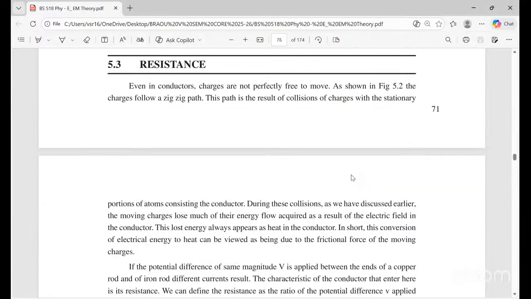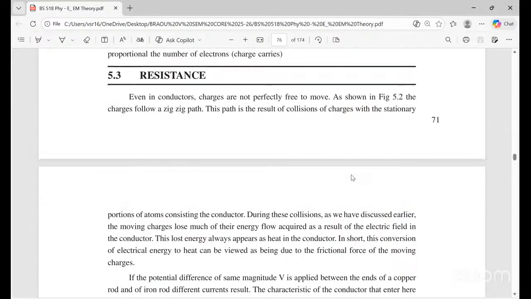Next is the resistance. What do you say resistance? In a conductor, the charge carriers are not perfectly free to move.